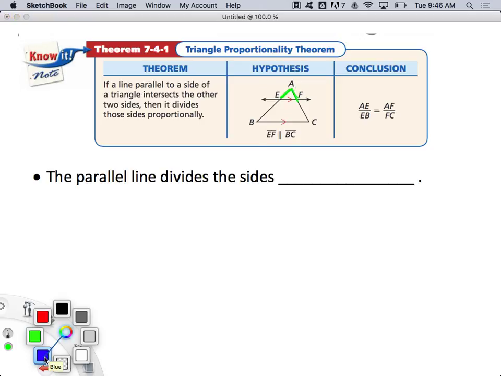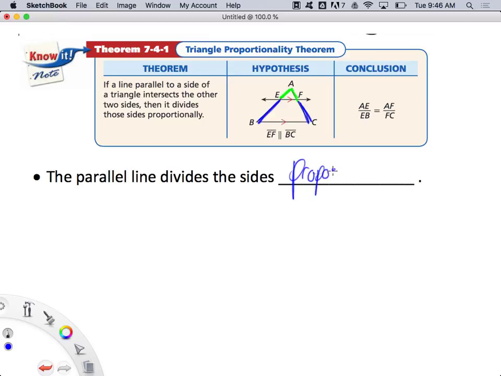Green over blue equals green over blue, and the answer is proportionally. So if I have a parallel line like that, it divides the sides: this over that equals this over that. Okay?